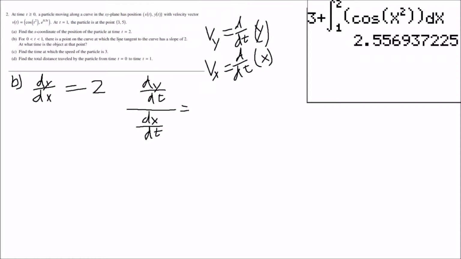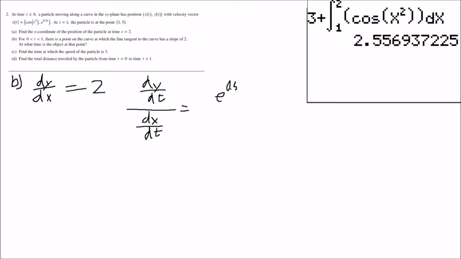And it is your dy dx, which is e to the power 0.5t over cosine of t squared. Cool. So now all we have to do is set that equal to 2.